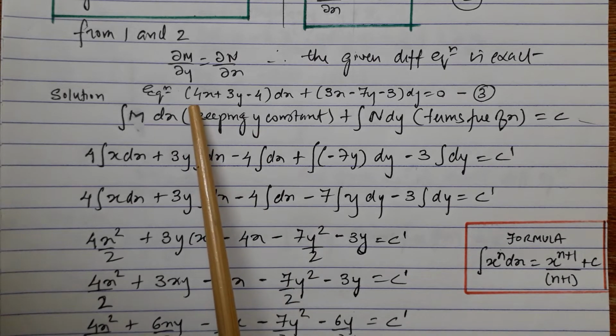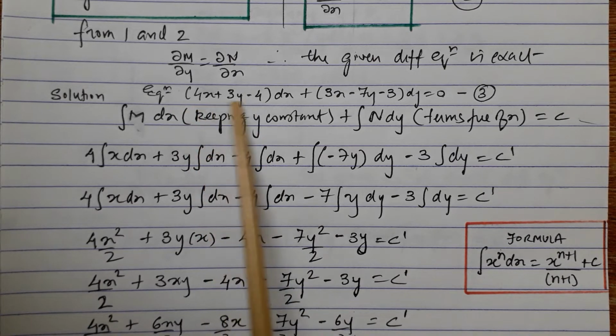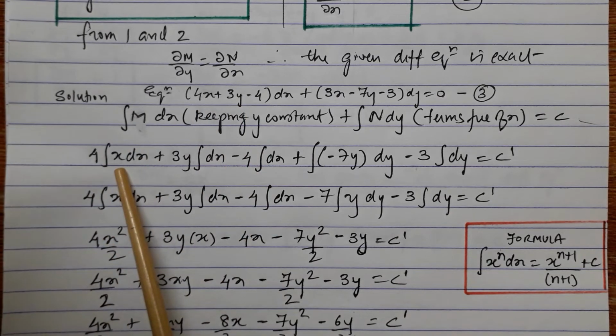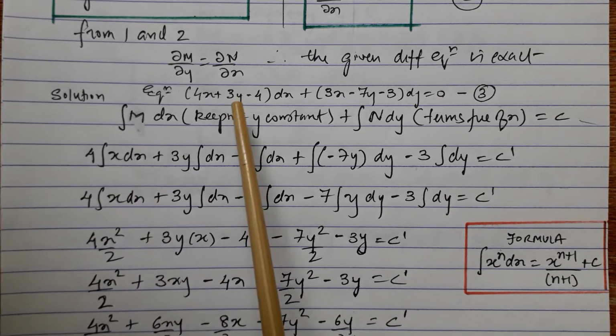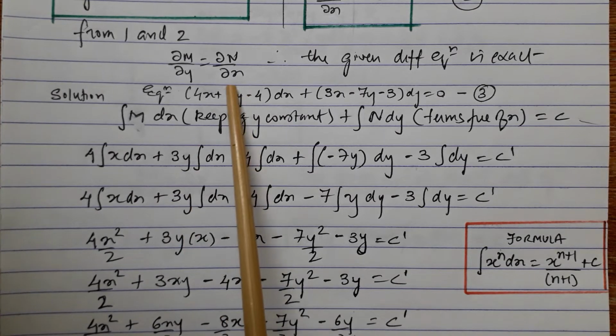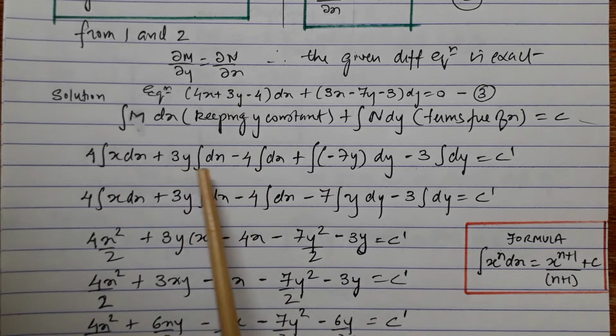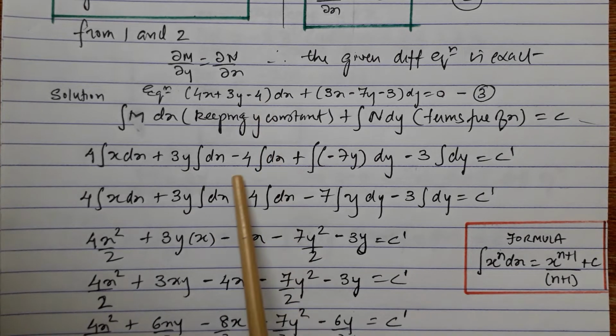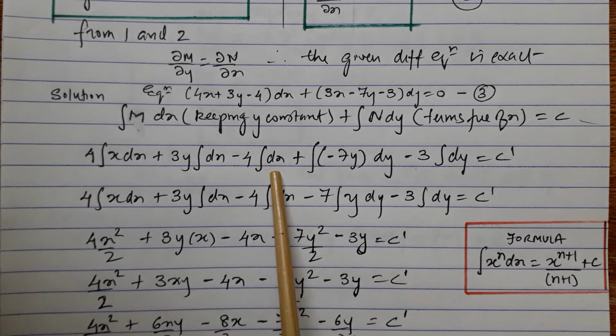So, from here we can see that M is 4x + 3y - 4. So, this would be 4 integral x dx plus 3y, since y is a constant, it would be plus 3y integral dx minus 4, which is again a constant. So, it is minus 4 integral dx.